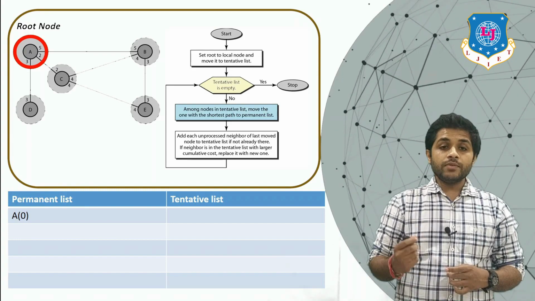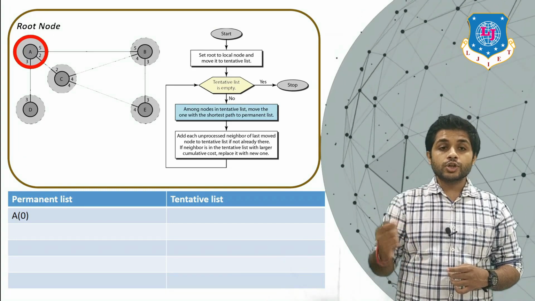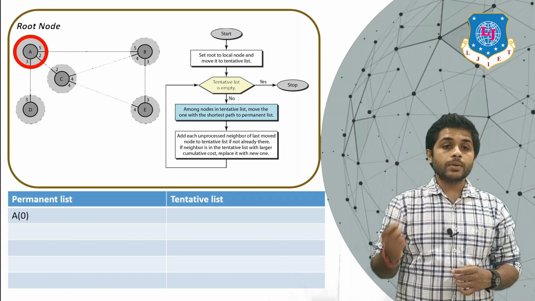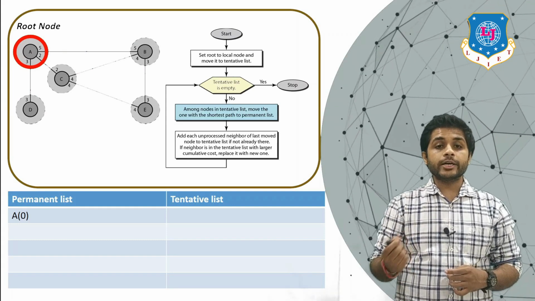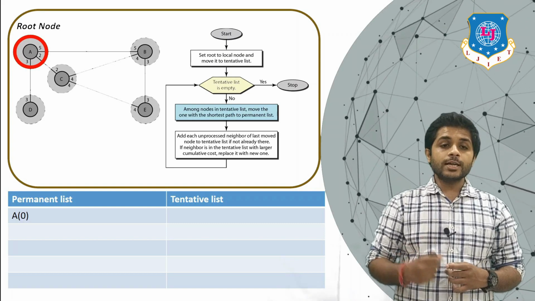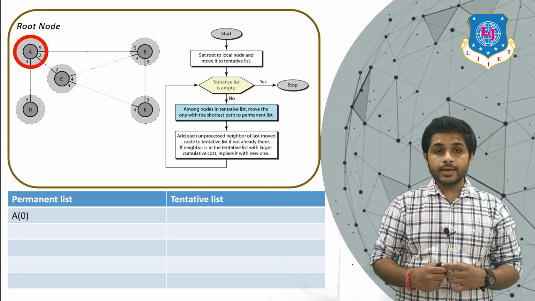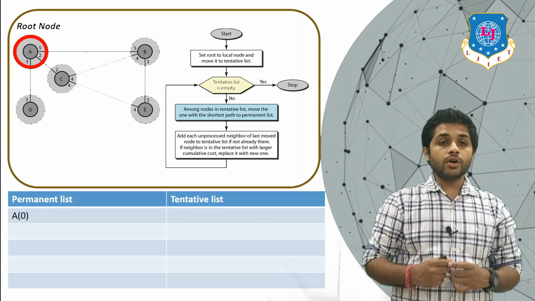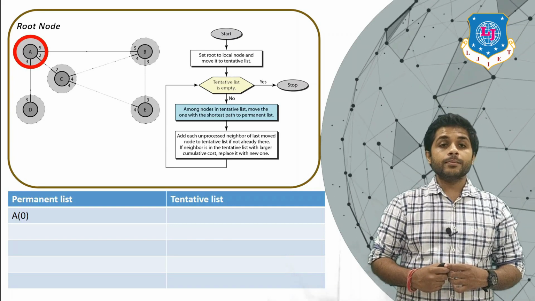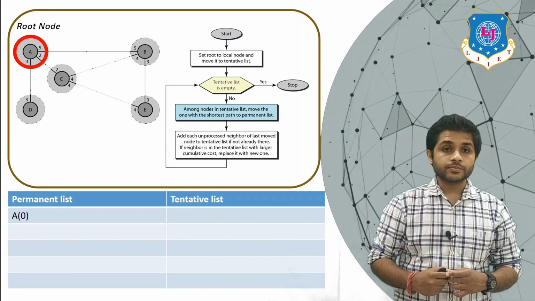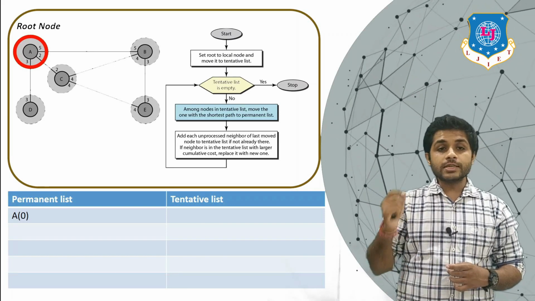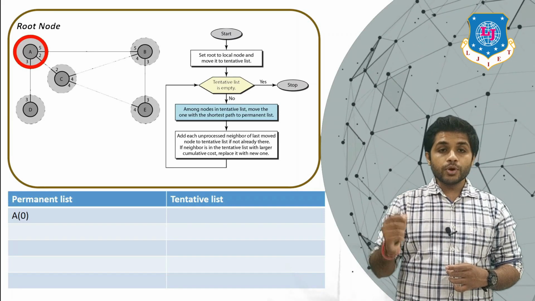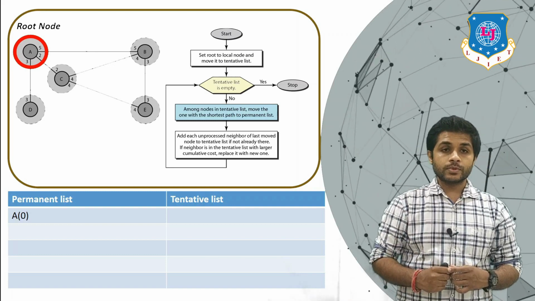Now, when we move the shortest distance node to the permanent list, we will add its adjacent node to tentative list. So what are the adjacent of the router A? The adjacent of the router A are B, C and D. So we will move this adjacent of the recently moved node to the tentative list.